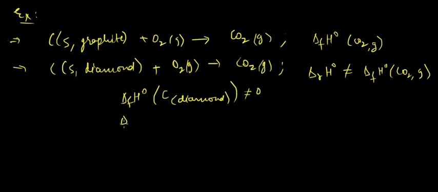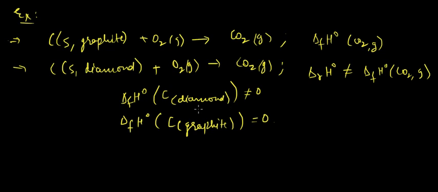But from the previous section we can say that delta FH naught for carbon in graphite form is actually 0. Hence we can write that delta RH naught for the graphite reaction is simply delta FH naught for CO2(g).